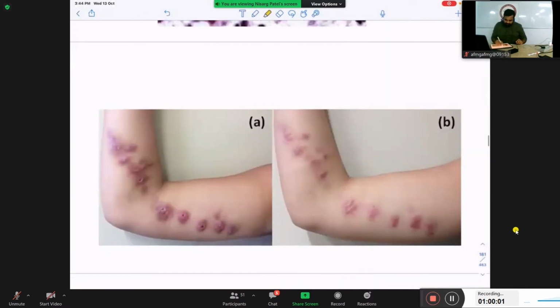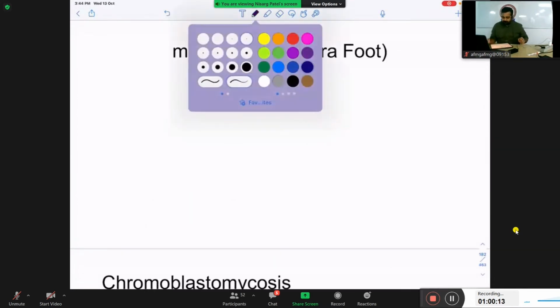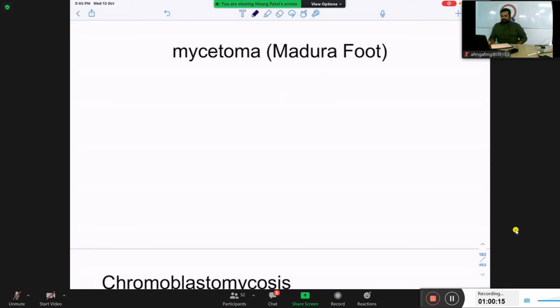This is also the same photo, as you can see, a linear chain of ulcerating nodules and sinuses. And this is after the treatment. Now mycetoma, or Madura foot. So in mycetoma or Madura foot, what will they give you?